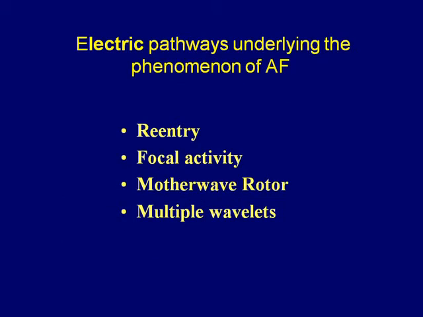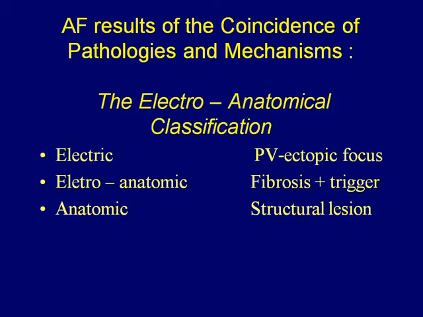Now, the basic principle of the electric pathways underlying the phenomenon is that there are re-entry circuits that can appear if there is a pathological substrate, as I just told, the focus, rotors, as we will see, and the theory of multiple wavelets that maintain atrial fibrillation in itself, independent of important basic structural change.